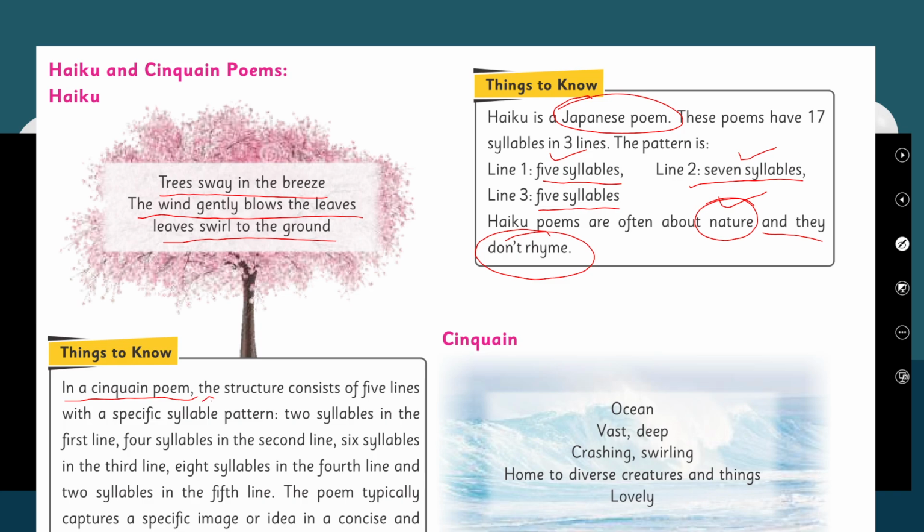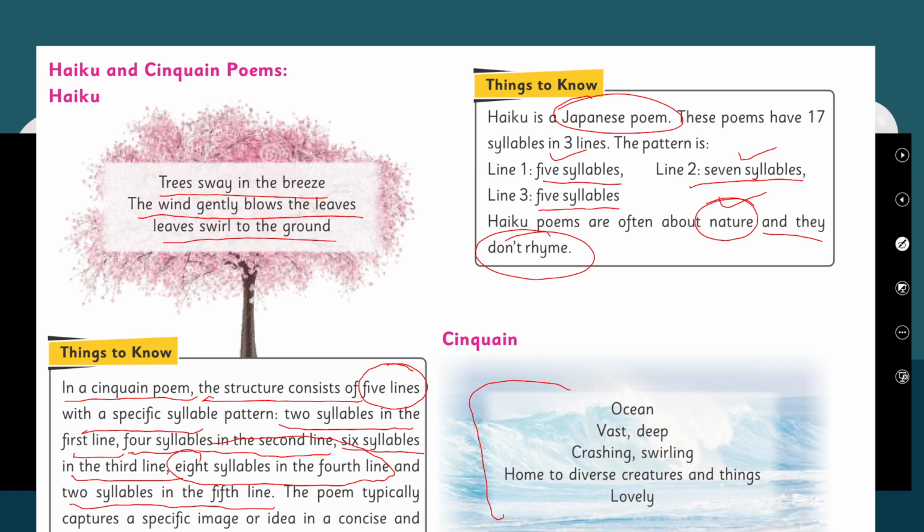Now let's talk about a Sinken poem. The structure consists of 5 lines in total with a specific syllable pattern: 2 syllables in the first line, 4 syllables in the second line, 6 syllables in the third line, 8 syllables in the fourth line, and 2 syllables in the fifth line. The poem typically captures a specific image or idea in a concise and shorter manner.